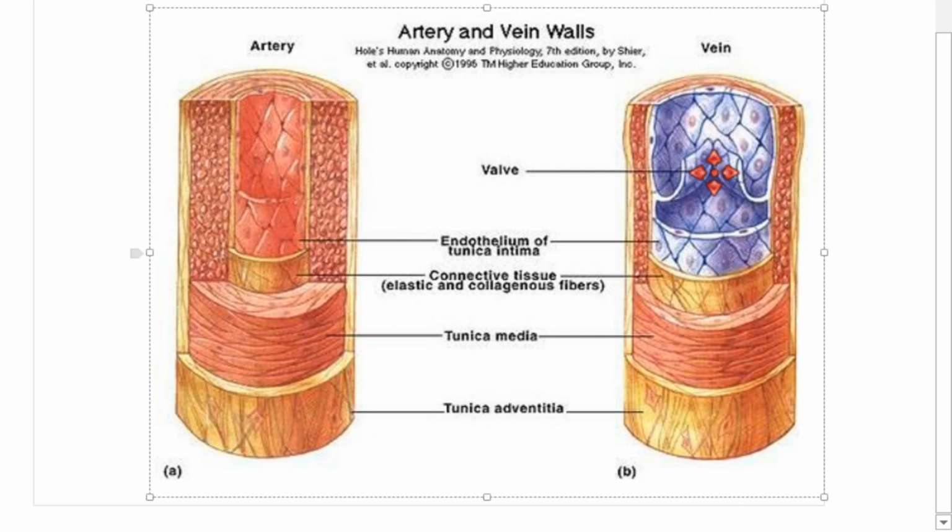The blue colored wall that you see is the endothelial lining, and the middle smooth muscle layer is bigger here than here. The rest of it is basically the same, except for a few characteristic features. With that, that's about it.